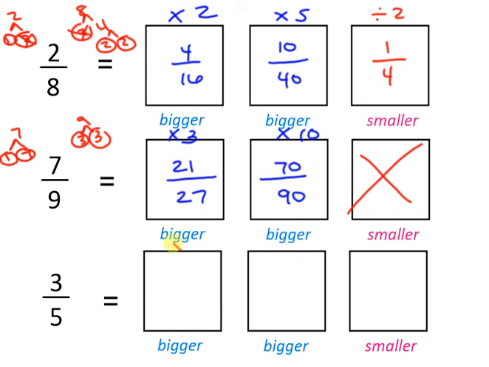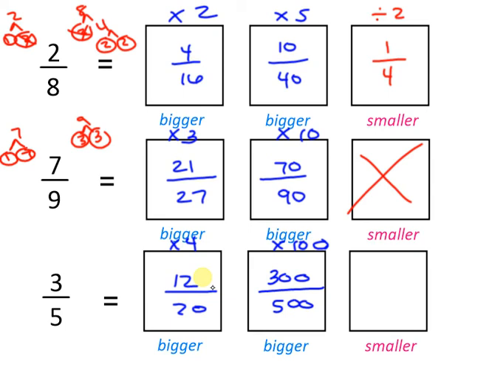Let's see. Here I'm going to go, oops, wrong color. Oops, let's try that again. Okay, so here I'm going to go times 4, and here I'm going to go times 100. Okay, 3 times 4 is 12, 5 times 4 is 20. 3 times 100 is 300, and 5 times 100 is 500.